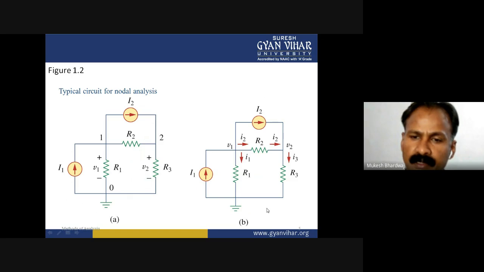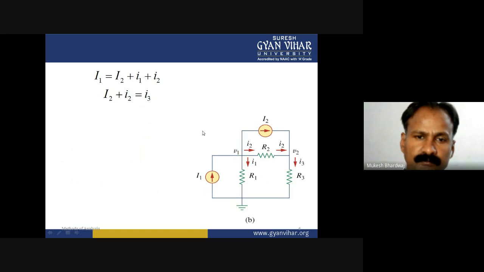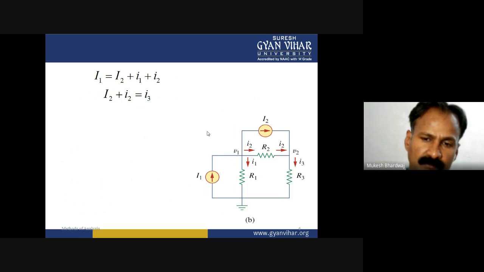So we indicate them as small i1, small i2, small i3. Applying nodal analysis on the particular junction, I1 is equal to capital I2 plus small i1 plus small i2. And the second equation is I2 plus small i2 is equal to small i3.